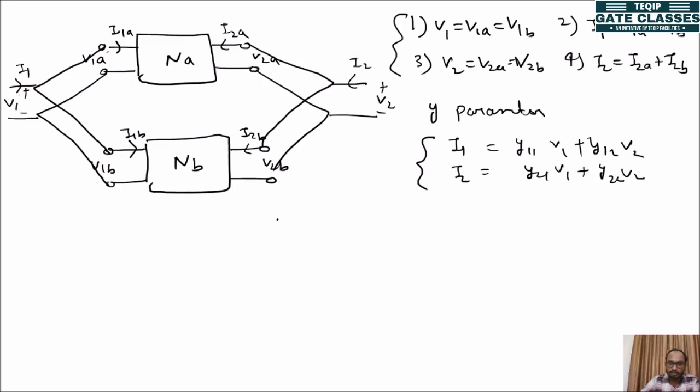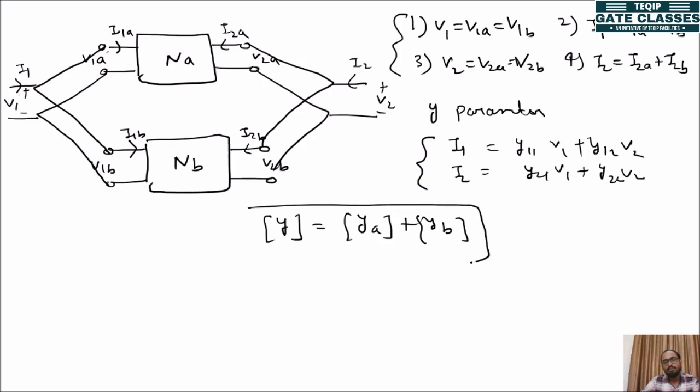Finally you will get Y is equal to YA plus YB. So when these two port networks are connected in parallel, we just add the Y parameters of both networks and we get the Y parameter for the complete network, just like in series connection we got for Z parameter. This is for parallel connection.